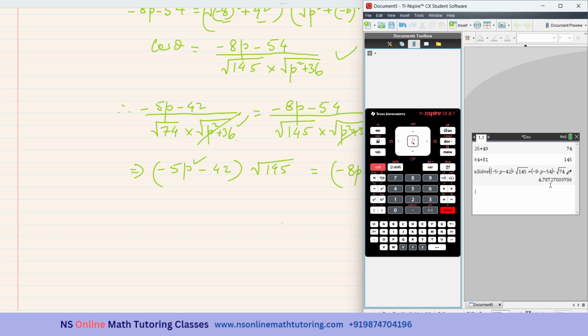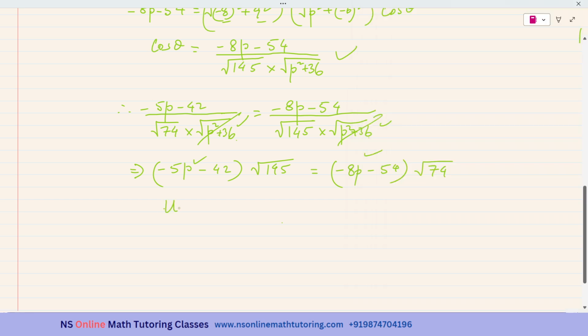Of course, the question did not say that p has an integer value. Using GDC, p is equal to 4.79, correct to 3 significant figures.